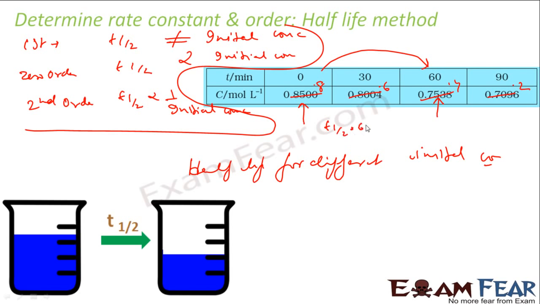T half is 60. Now if I take this as the initial concentration, and this is the final concentration, my T half is what? 90 minus 60 is 30. So if you see, the T half is dependent on initial concentration. That means it is not a first order equation.